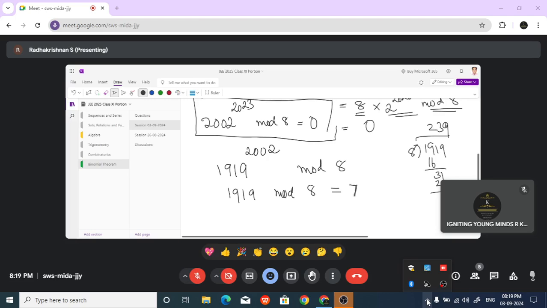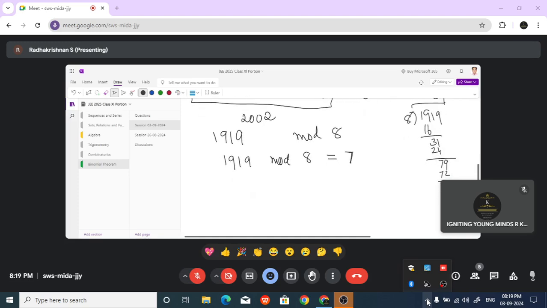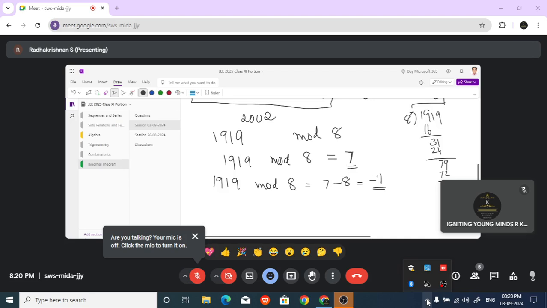There is another important property in mod: if this is equal to 7, then we can add or subtract 8 to it. So this can be written as 1919 mod 8 equal to 7 minus 8, that is, minus 1. When it comes as a minus, we can do it like that.